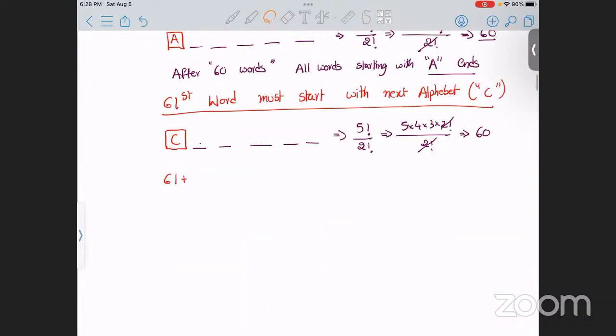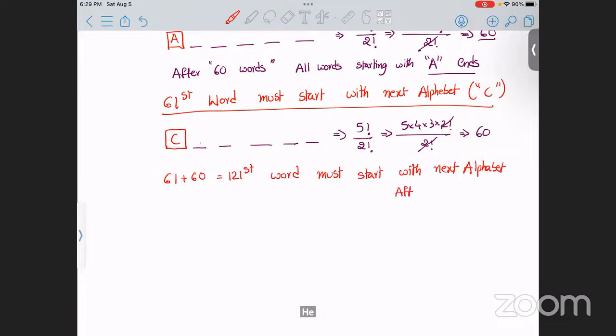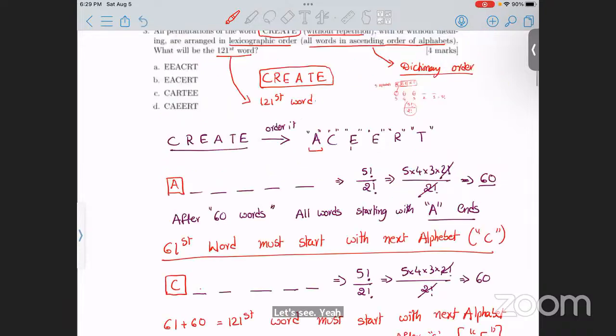Okay. And then 61 plus 60 is 121. The 121st word must start with the next alphabet after C, which is E. Agree?